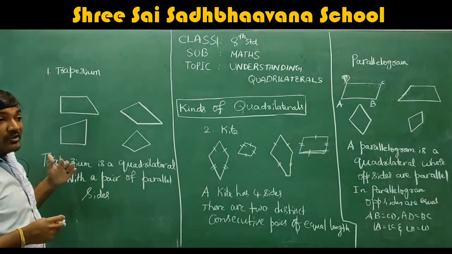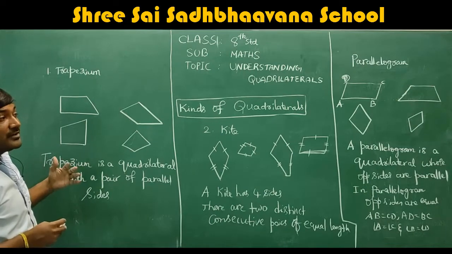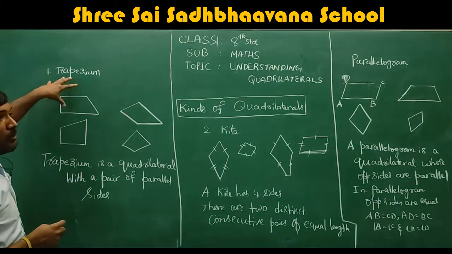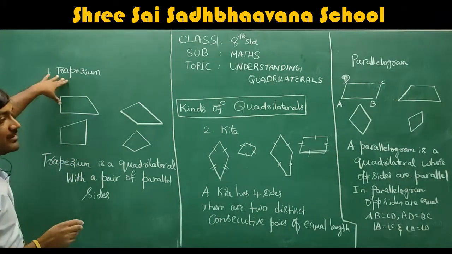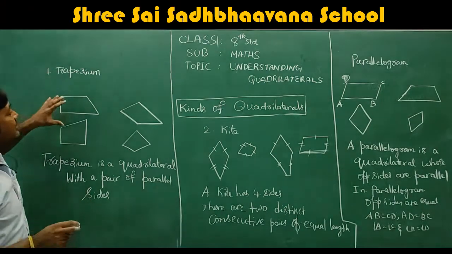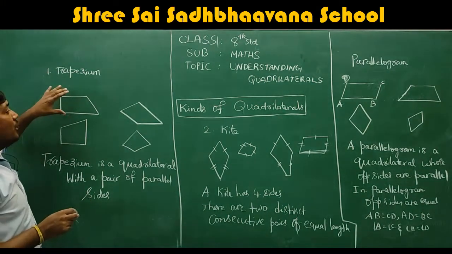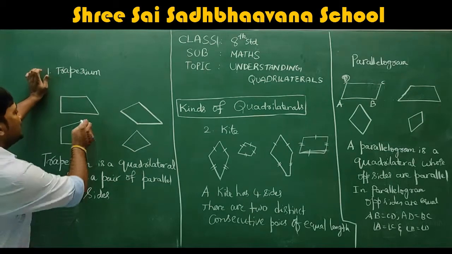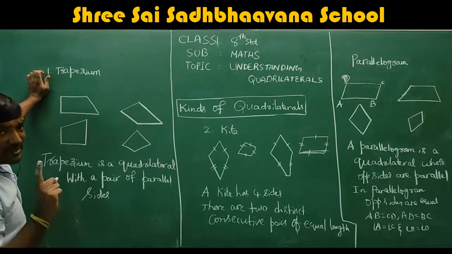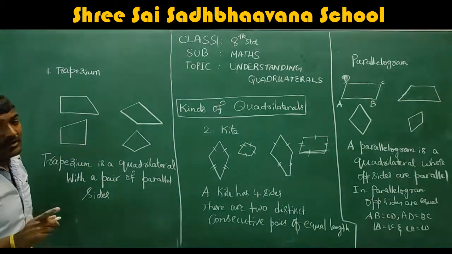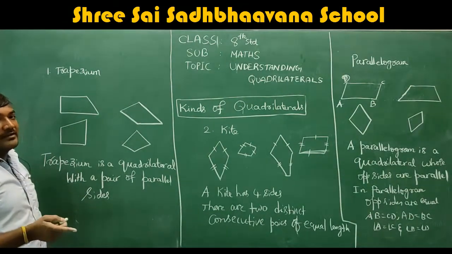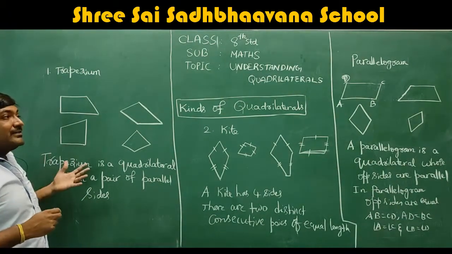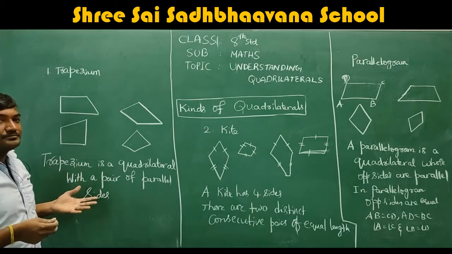You have to focus and concentrate more on this topic. Usually a trapezium has more than three sides. That is the first basic concept you have to understand. So the trapezium is a quadrilateral, and it has a different property.